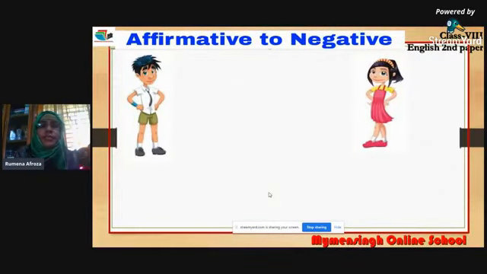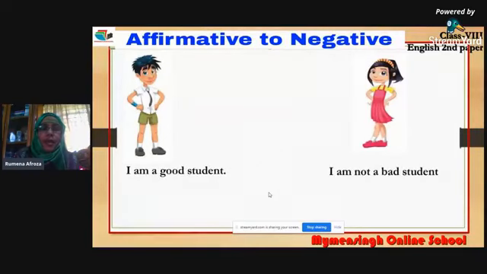Okay, students, let's see another picture. What can you see? Two students are talking. The boy is telling, "I'm a good student." The girl is saying, "I'm not a bad student."